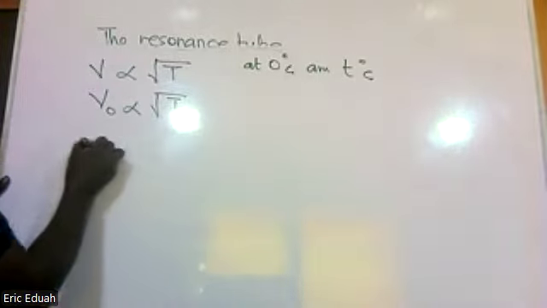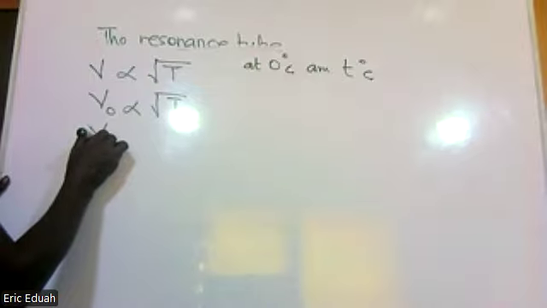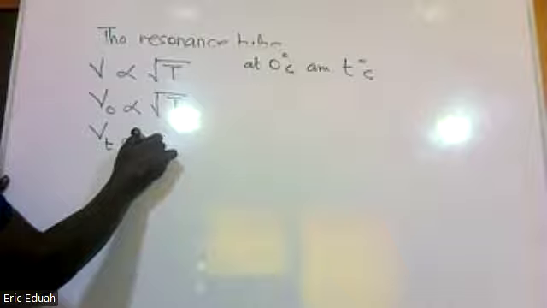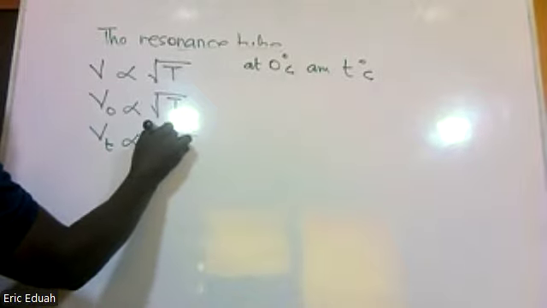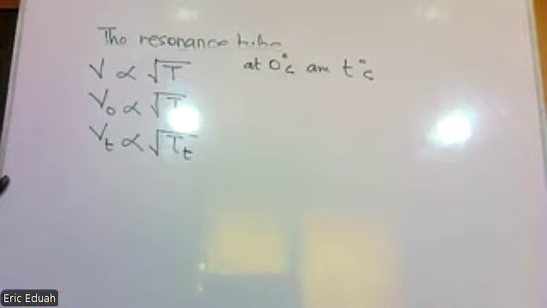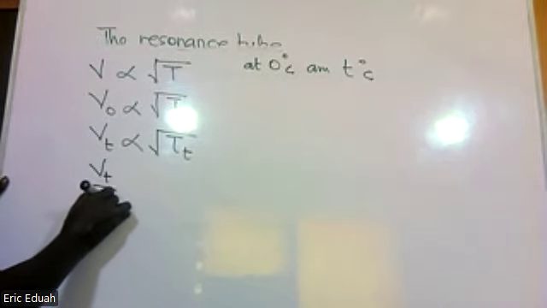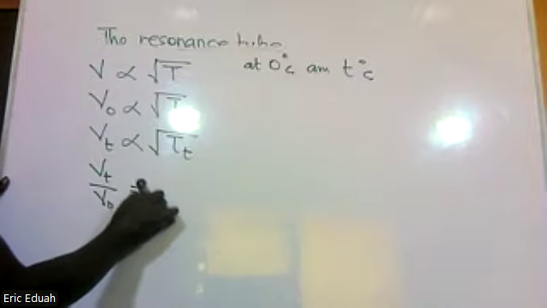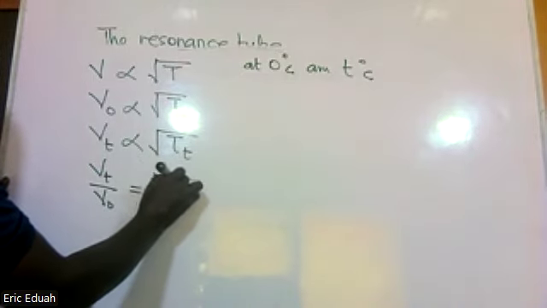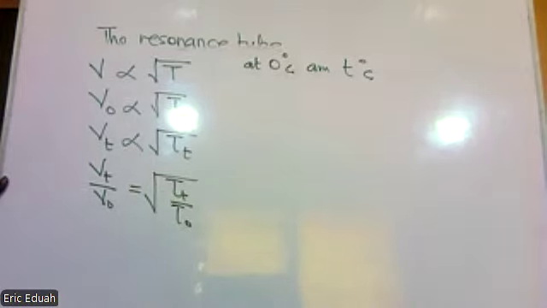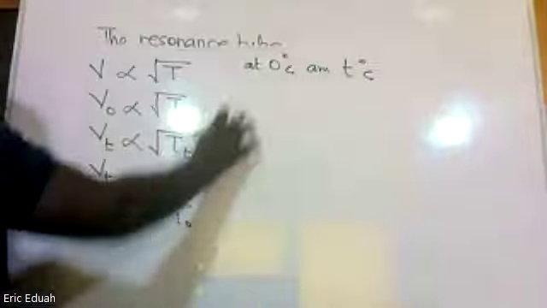Then V at T must also be directly proportional to √T, the temperature at T in degrees Celsius. V at T on V at 0 must be equal to the square root of T at T over T at 0 when we take the ratio of these two. Now, these are temperatures in degrees Celsius.